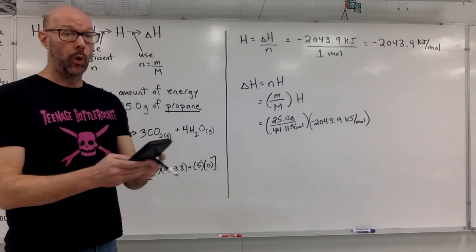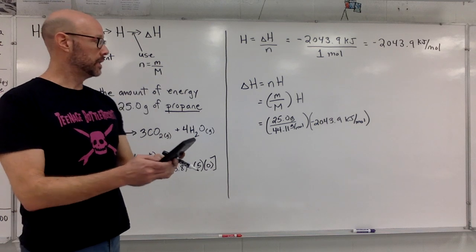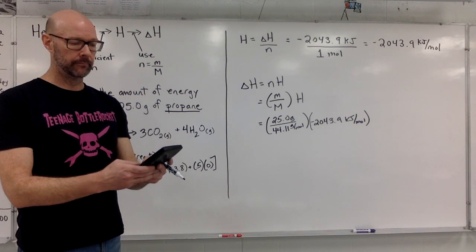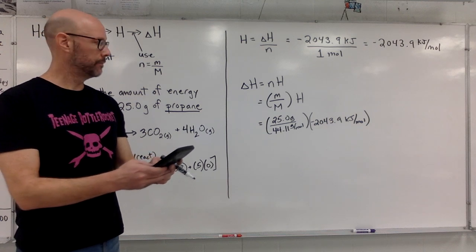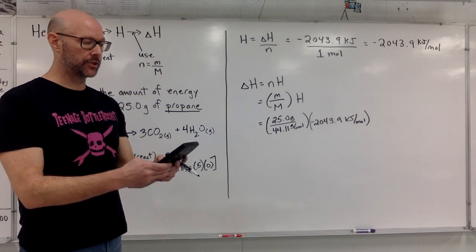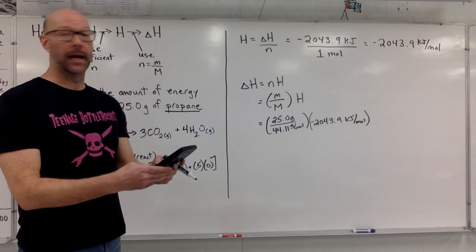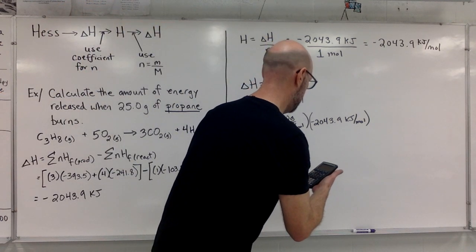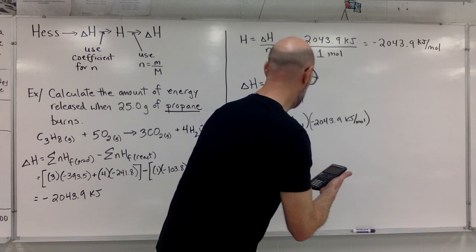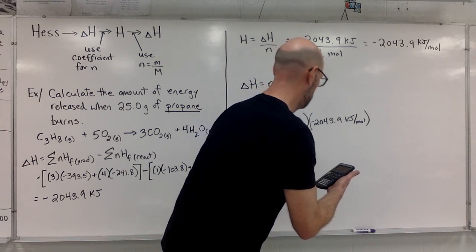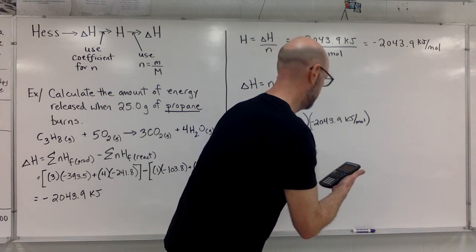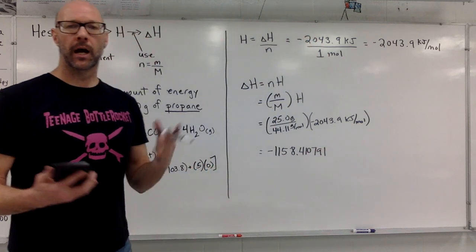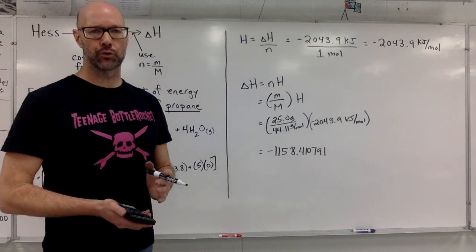So we have 25 grams divided by 44.11 times negative 2043.9. We got negative 1158.410791. We got a raw answer of just over 1100.